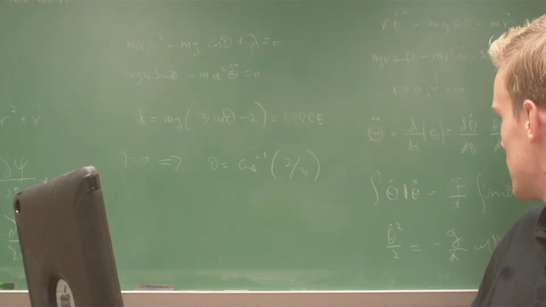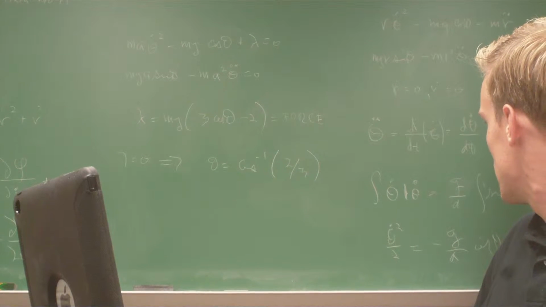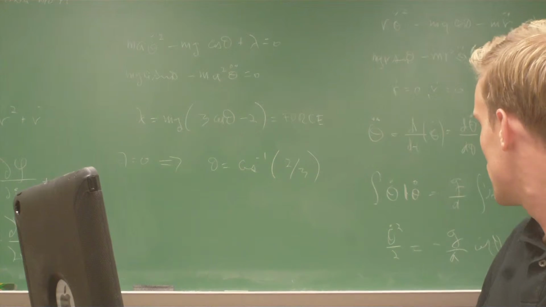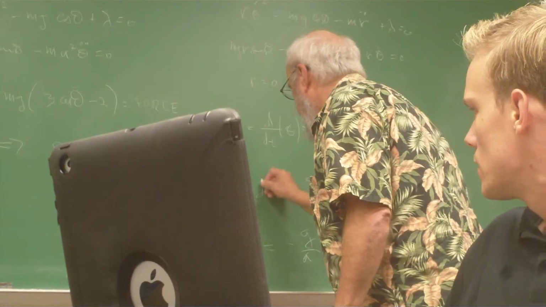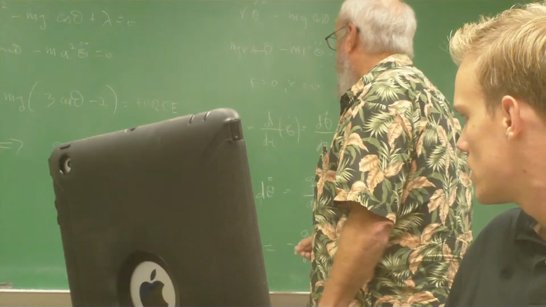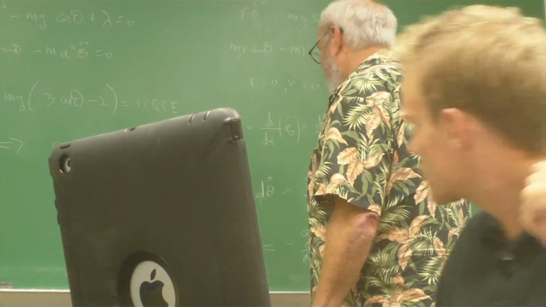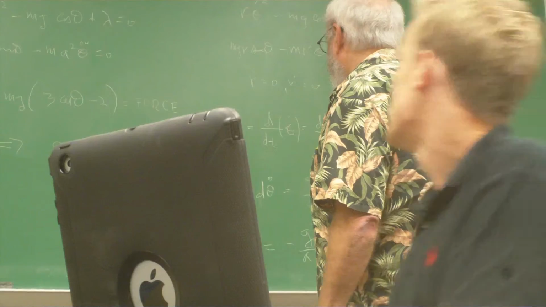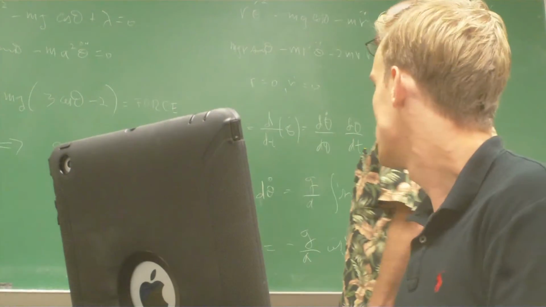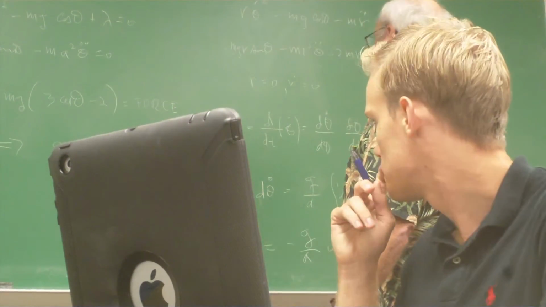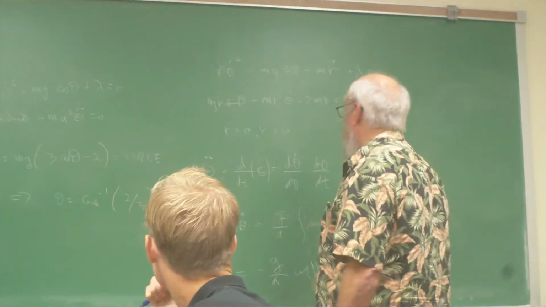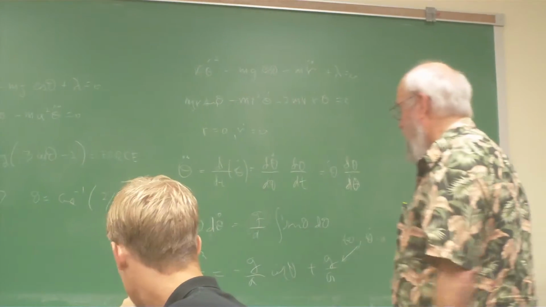What's wrong with this step? I've nothing wrong with the first line, but when you integrate it, what's going on there? When I integrate it, integral theta dot d theta dot. If I have it in a form like this, then I can just do the integral.